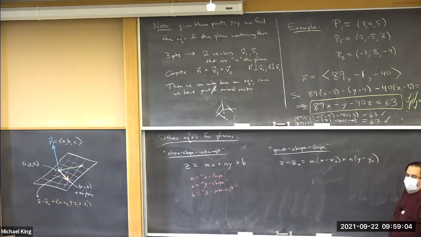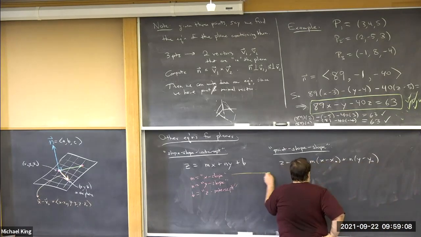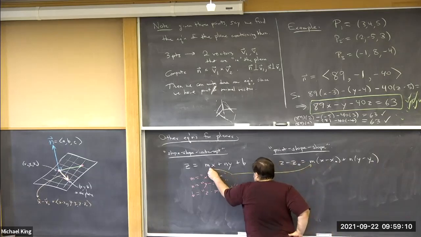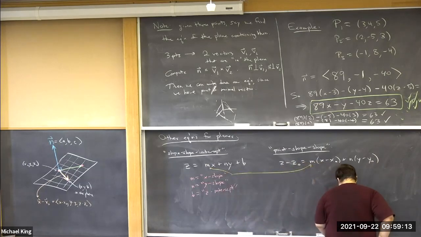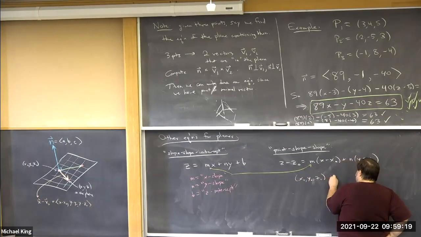And so m is still the x slope. It's the same m and n as before. And x naught, y naught, z naught is a point on the plane.